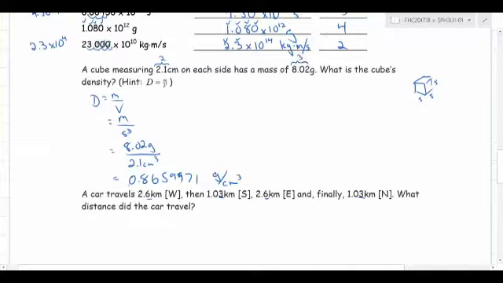The 0 is not significant, the 8 and the 6 are, but then I have to look at what's after that, and since that 5, 9 is closer to 0.87 than it is to 0.86, we can say therefore the cube's density is 0.87 grams per cubic centimeter. So that's the answer.